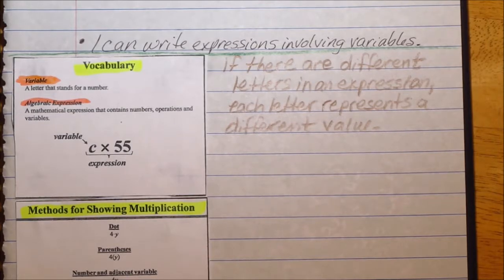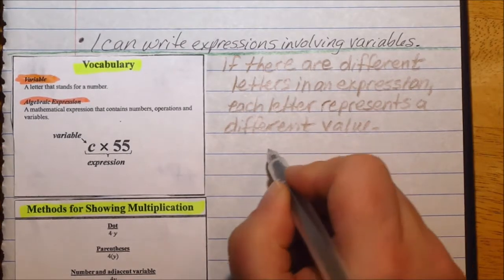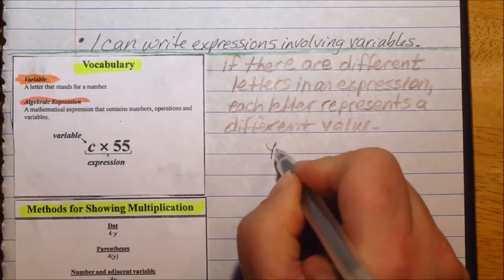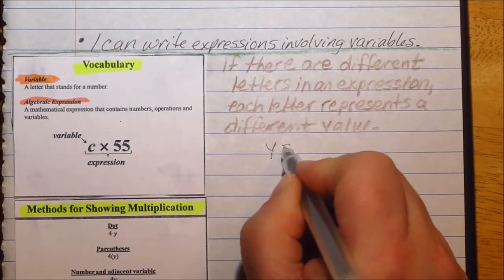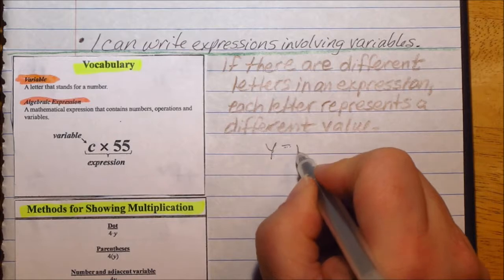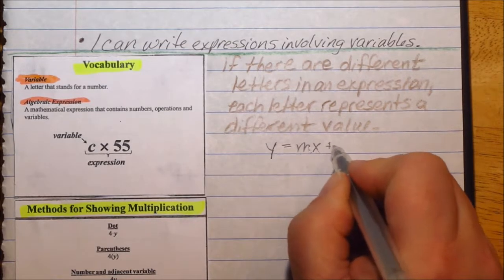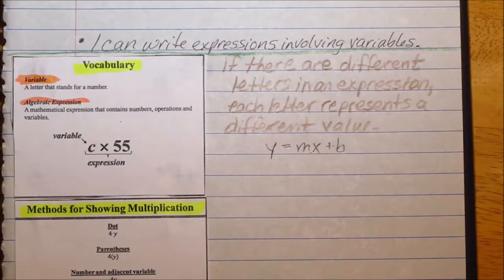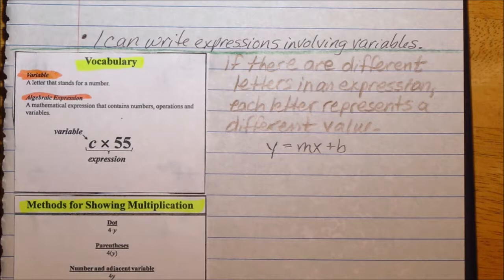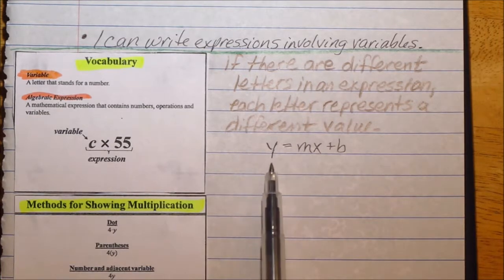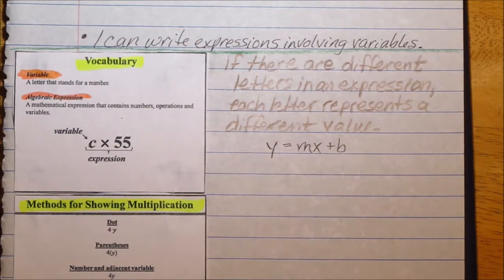So let me write an example. Here's an example here. This is a common formula for what we call slope. You'll learn that next year. We don't get into this in the 6th grade, but next year you most definitely will. So y equals mx plus b. All right, so we have 1, 2, 3, 4 different variables in this expression, and each one of these letters stands for a different variable.